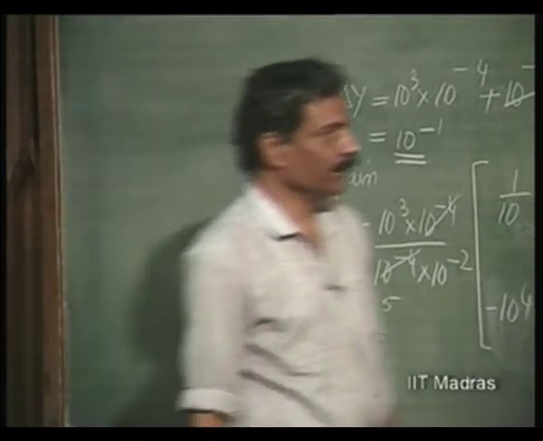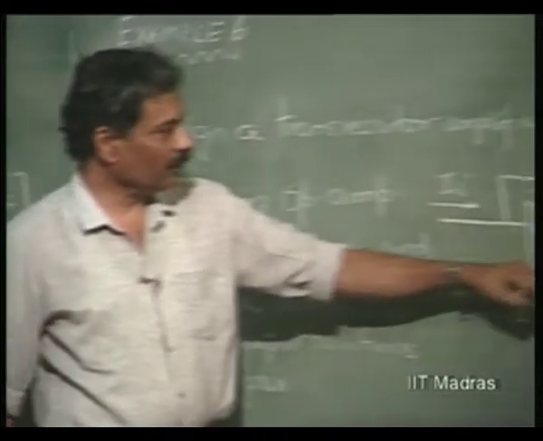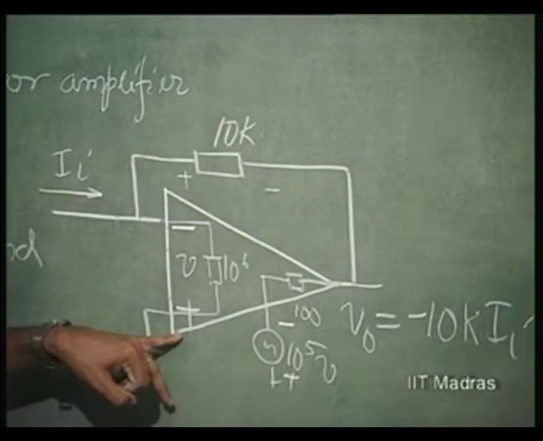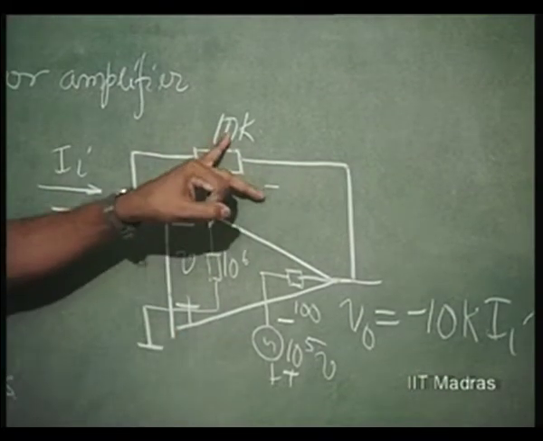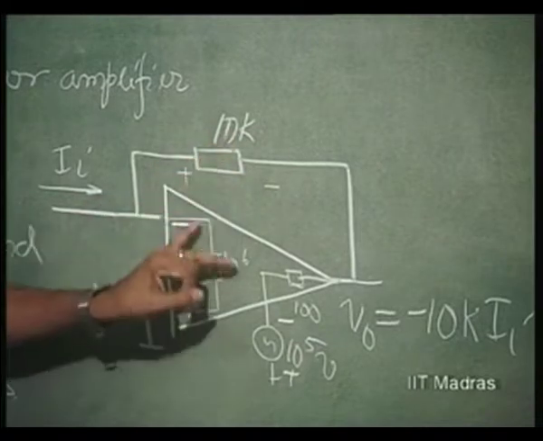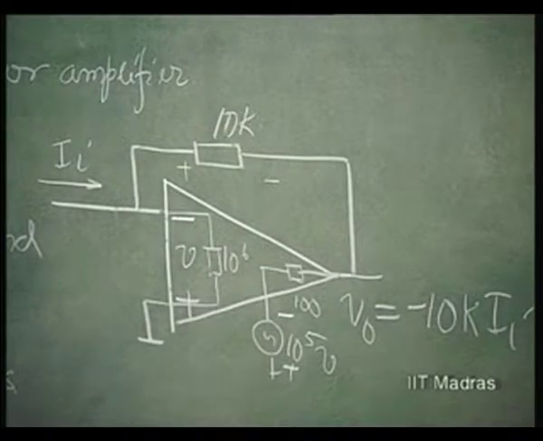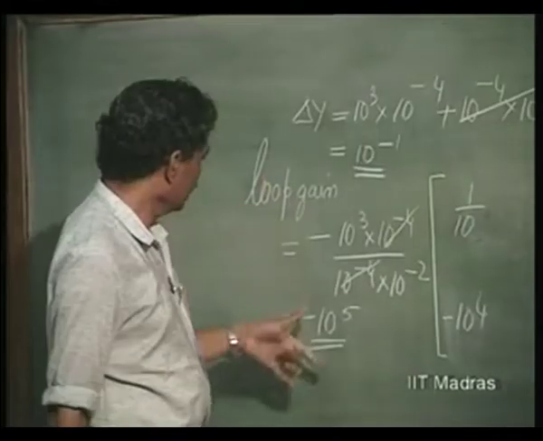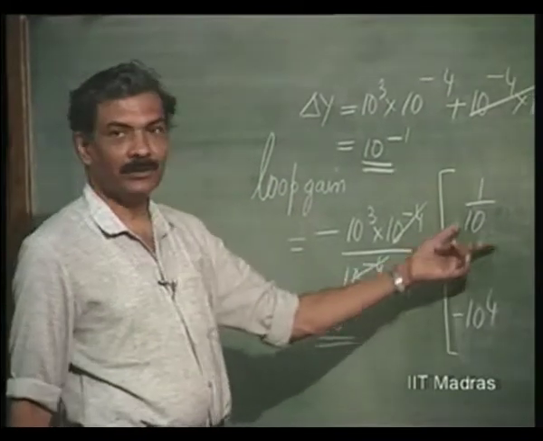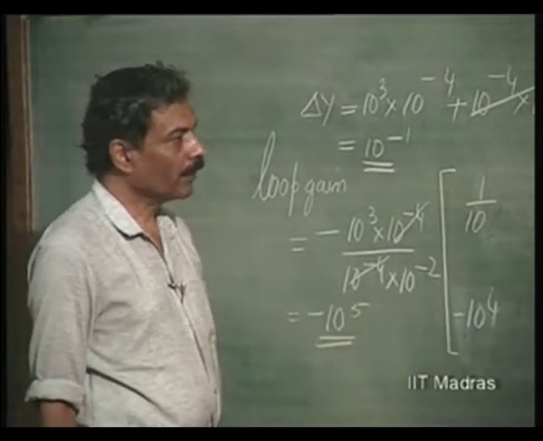Oh no, original input impedance was actually 10 to the power 6 shunted by this 10k, right. So, this has negligible effect. So, 10k divided by this 10 to the power 5, which is going to give you 1/10 of an ohm.